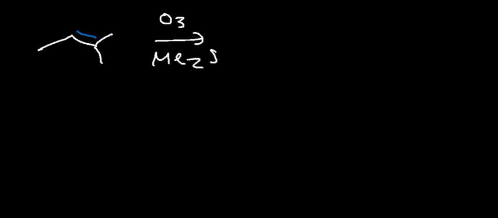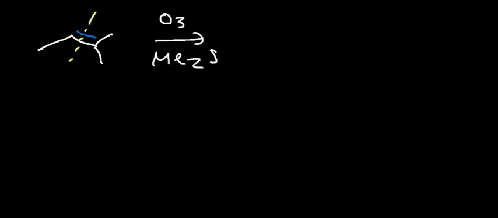Now there's some other orgo-1 reactions that you need to remember if you're going to make aldehydes and ketones. And let's briefly review ozonolysis. So let's say if you have this alkene and you wish to add ozone with dimethyl sulfide. What do you think the product for this reaction will be?